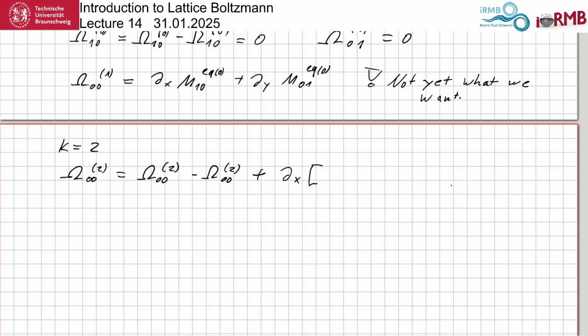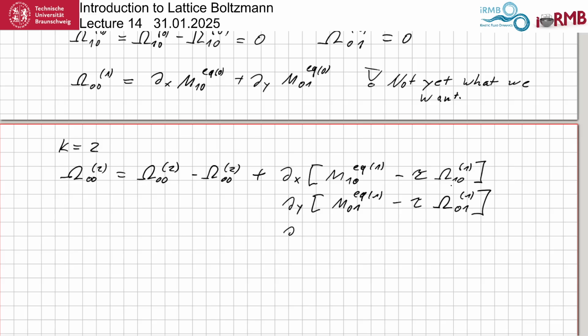We always have to count, for every x derivative, 1 down, so we start with 1, so we'll end up now here at 1 minus tau omega 1, 0 to 1, plus dy m0, 1 equilibrium to first order minus tau omega 0, 1 to first order, and now also comes the time derivative.